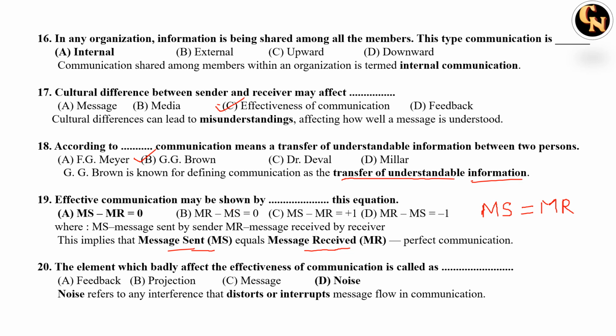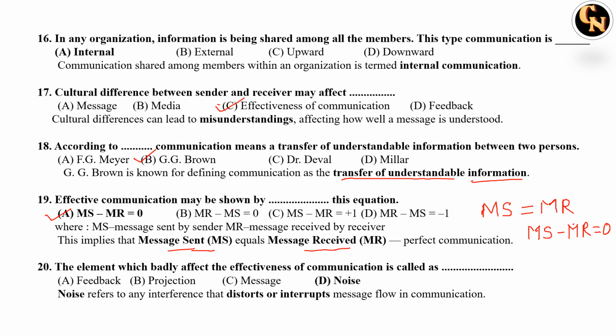If this is the case, then we will call such communication effective communication. So if you try to prepare an equation for this, it will be MS minus MR is equal to 0. So option A is the correct option, because whatever message is sent should be received equally by the receiver.